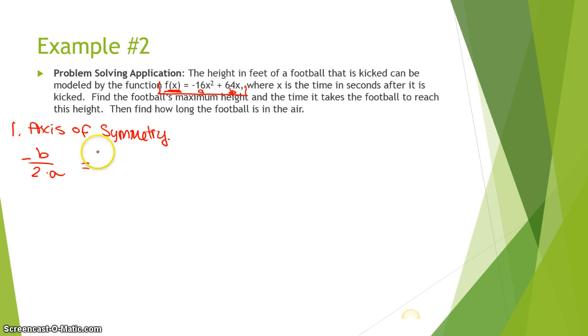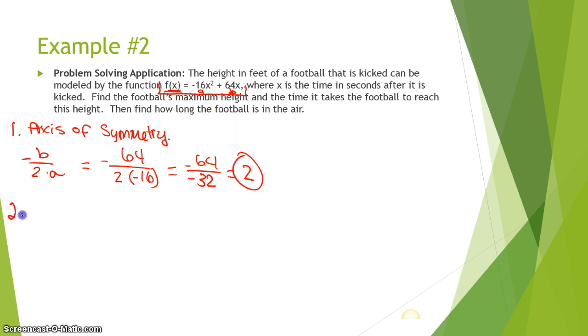So we get -b, so it's -64 over 2 times -16, and that will simplify into -64 over -32, and that becomes 2. So this would be my axis of symmetry.